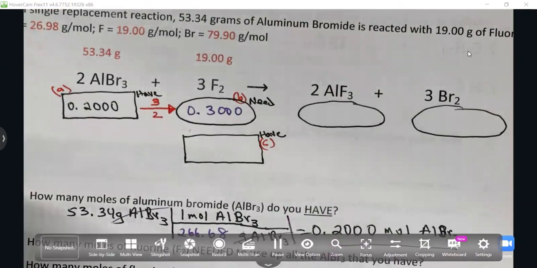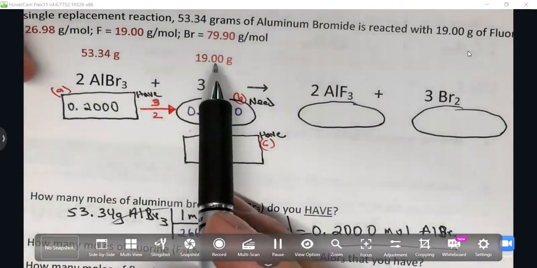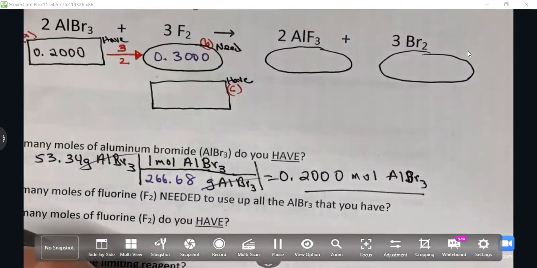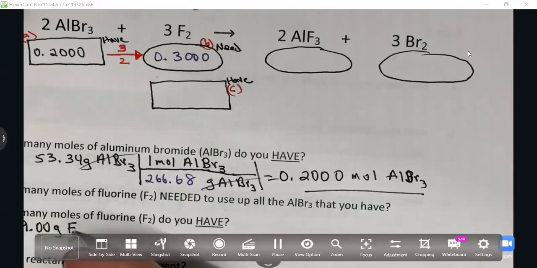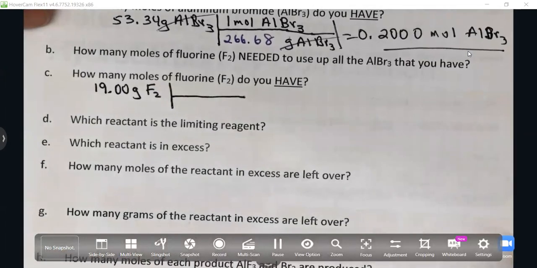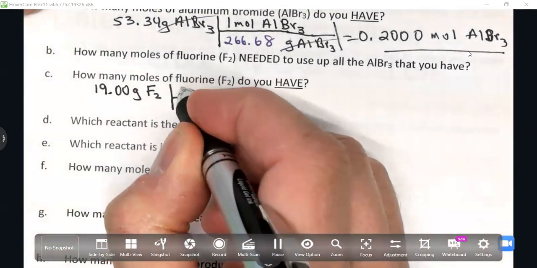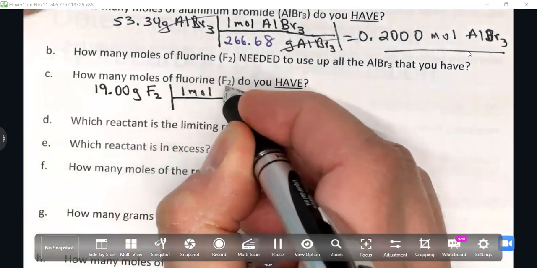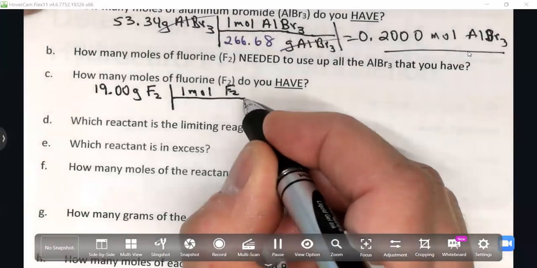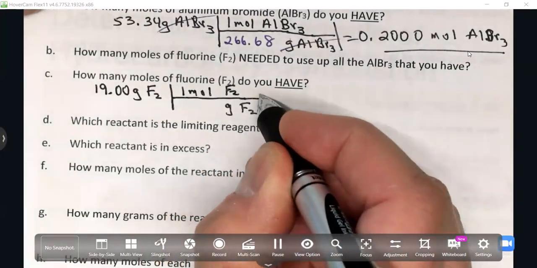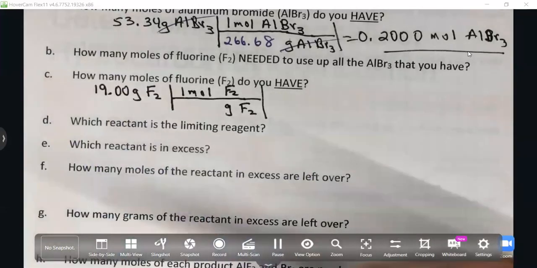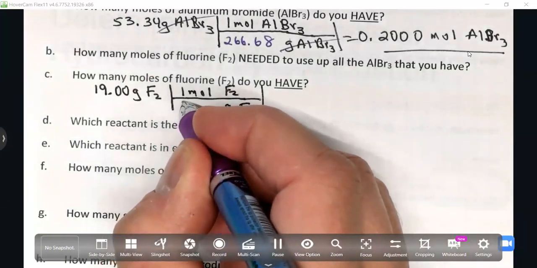So the next logical question is, how many moles do we have? The only way to calculate moles is to take our 19.00 grams of fluorine, F2, and 1 mole of fluorine, how many grams? 18.99.